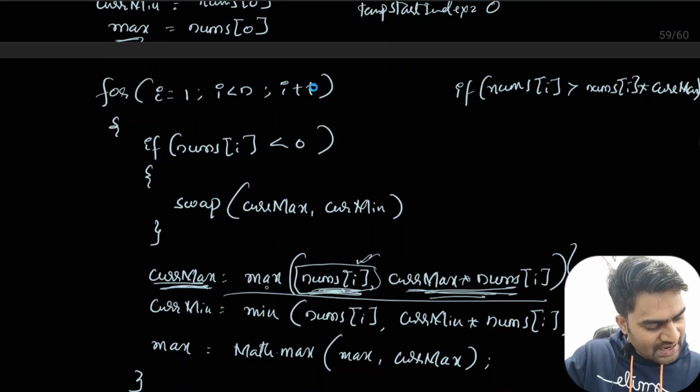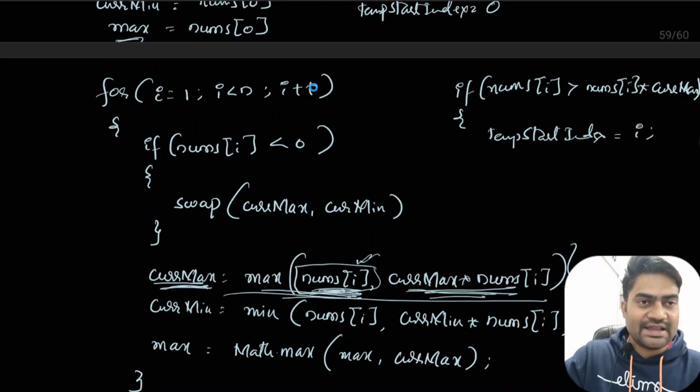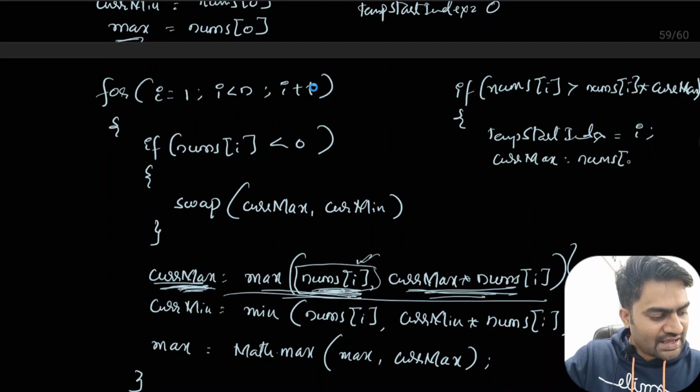If so, I will update my temporary start index with the current index, which is i. Then I will simply update my current max to nums[i].